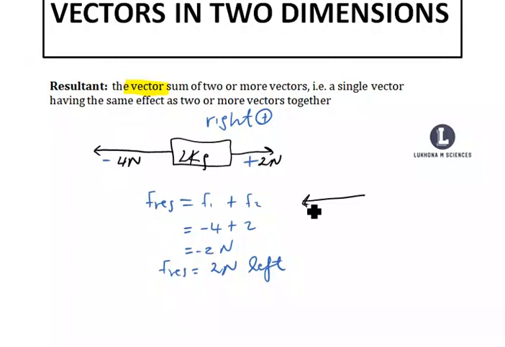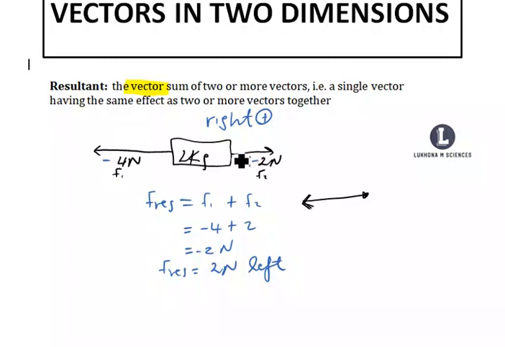In this case, if there is an object here, this object is pulled to the left. Okay, now if you can look here, let's say this one is force 1, this one is force 2. The magnitude of this force is 2. Then the direction is right.